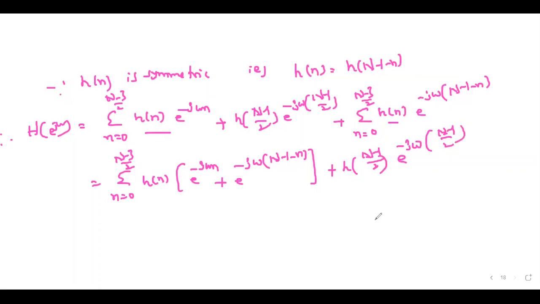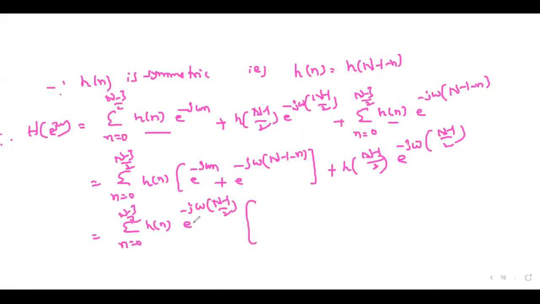Now we have e power minus something and something. In order to get a cos or sin from this, I can do something: take common e power minus j omega of (N minus 1) by 2 from these two terms.